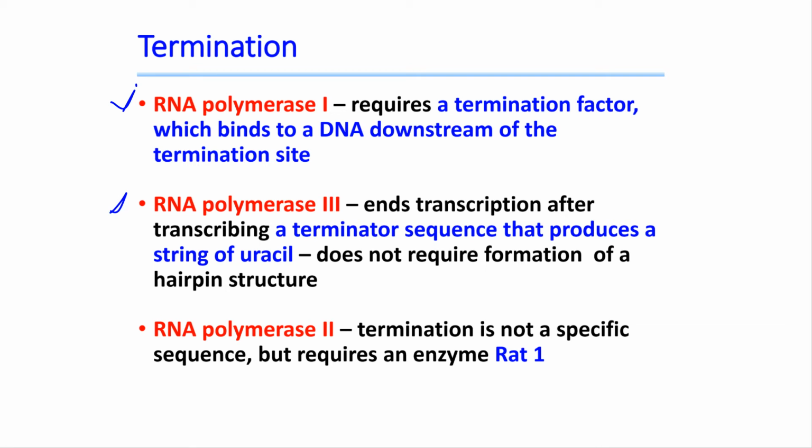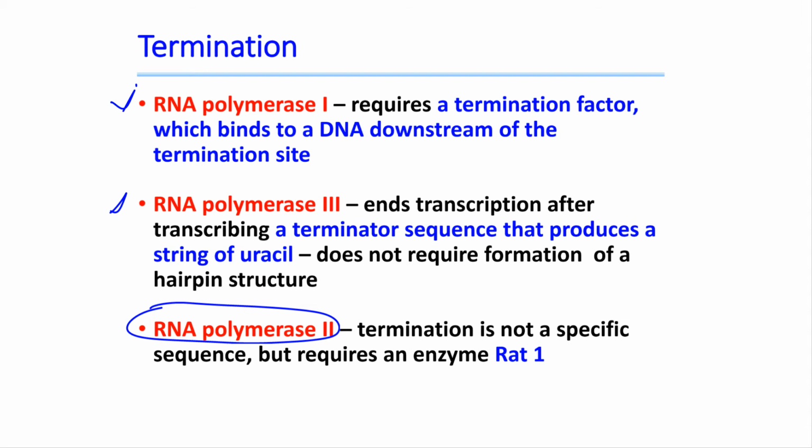It does not require a hairpin structure. That string of uracil destabilizes the DNA-RNA hybrid and releases the RNA. RNA polymerase II, which we focus on predominantly, requires a termination enzyme, RAT1, and we will talk about it in the next slide.